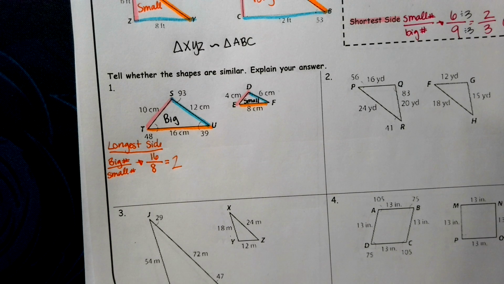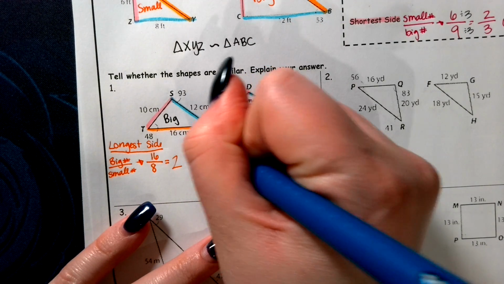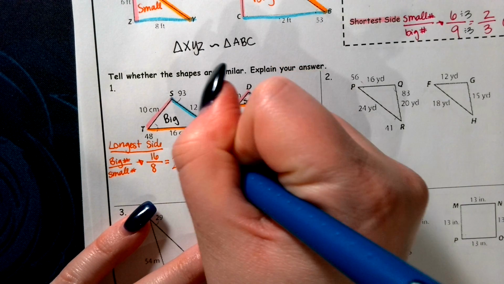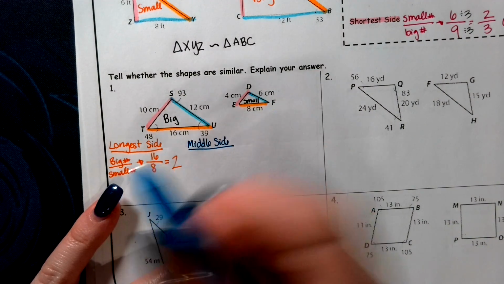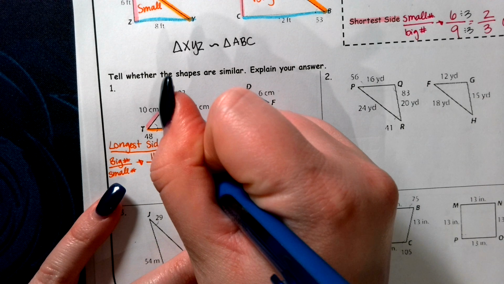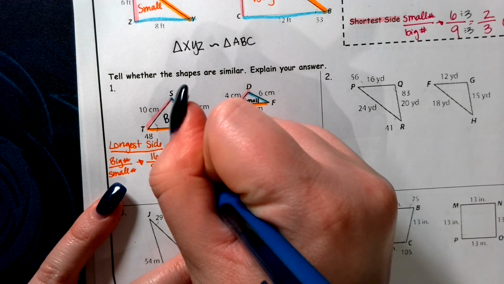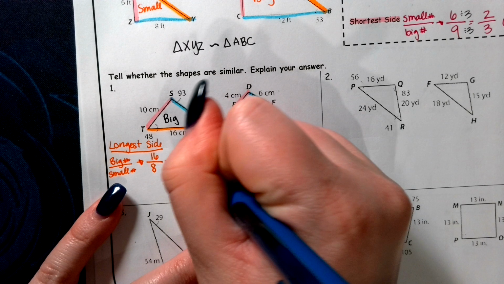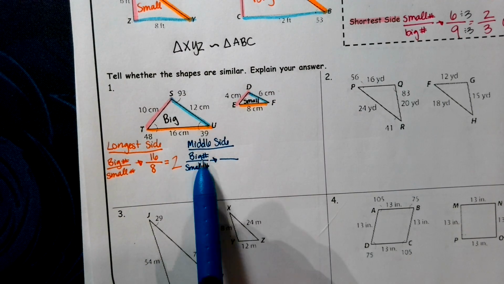Let's try the middle side. Again, because we started off with big over small, we have to keep it the same way. We gotta do our big blue side over our small blue side. What was my big blue side? 12.